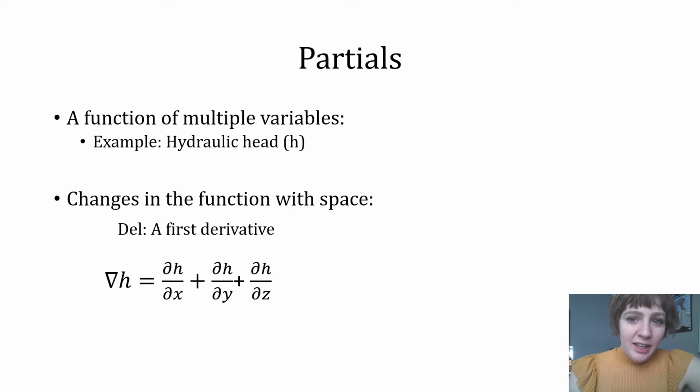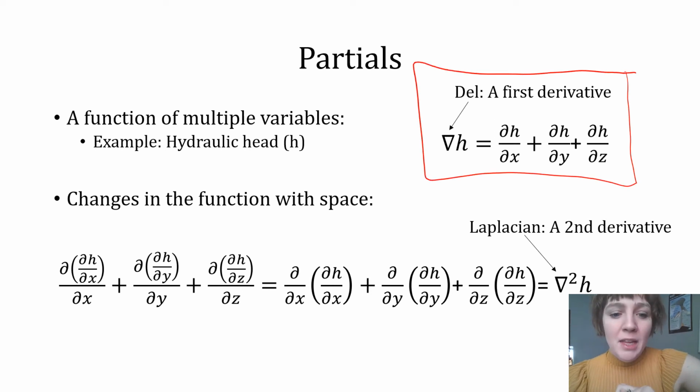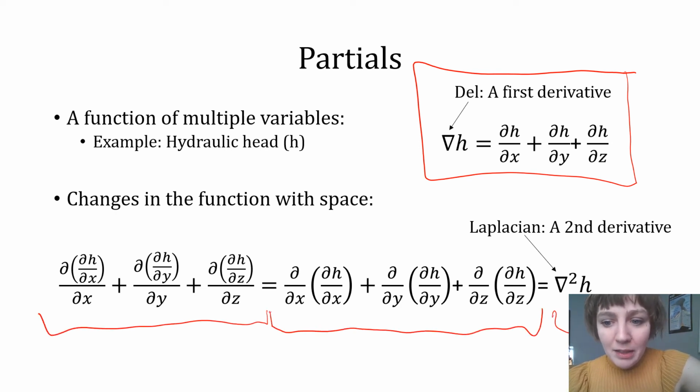We could actually take the derivative of this function a second time as well. I know it just got a little bit more complicated, but here is that first derivative that we started with. And on the bottom, we have 3 segments that are all just written in different ways, but mean the exact same thing. We just took the partial derivative of the first derivative with respect to x, and the partial with respect to y, and the partial with respect to z.